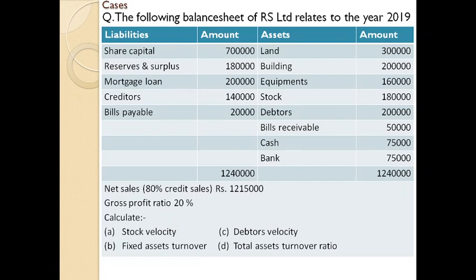So make sure you understand why the details regarding credit sales are given in the bracket, and why there is a separate amount given as 12,15,000. In some equations you might deal with credit sales, in other cases you may deal with net sales. So make sure which item goes for which equation. Yes, gross profit ratio is 20%. No further information is given here. Gross profit ratio 20%.